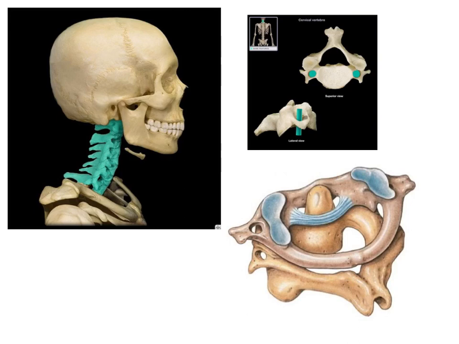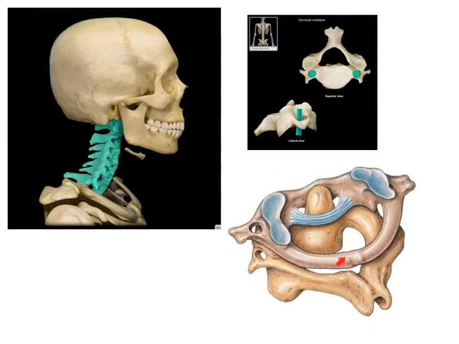A foramen is a singular hole in a bone, so here's the vertebral foramen, and these 2 holes are the transverse foramina. These cervical vertebrae have those transverse foramina because the blood supply that leads up to the brain travels through those.